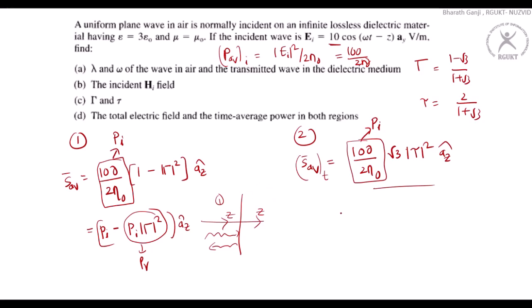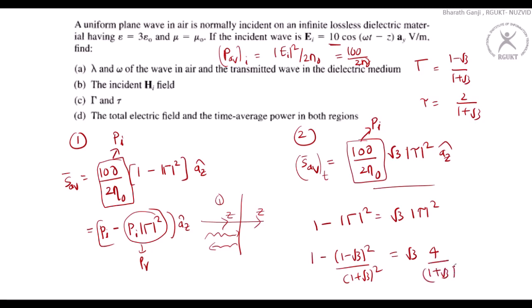Let me see whether 1 minus the modulus of tau squared is equal to root 3 times the modulus of tau squared. So 1 minus (1 minus root 3) whole squared divided by (1 plus root 3) whole squared is equal to root 3 times the transmission coefficient squared, which is 4 divided by (1 plus root 3) whole squared. The denominators cancel out, and this looks like (a plus b) whole squared minus (a minus b) whole squared.